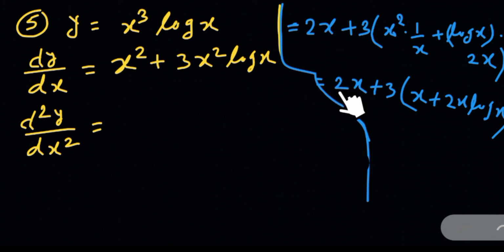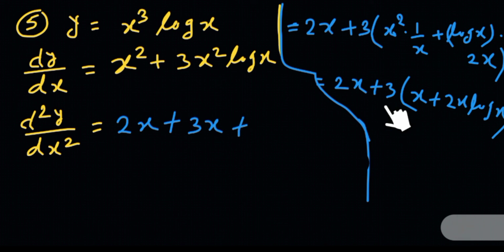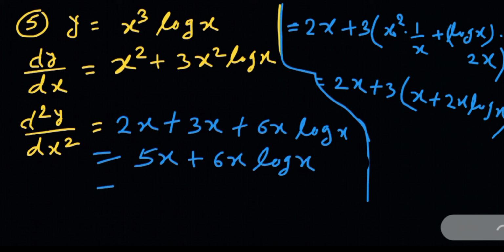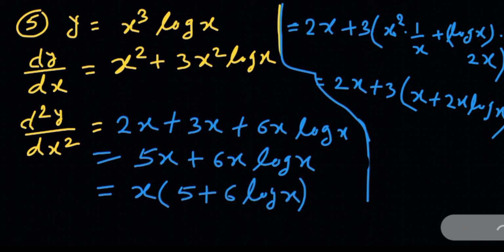So this is 2x plus 3 into x, that is 3x, and plus 3 into 2 into x log x, so 3 into 2, 6x log x. When you simplify, 2x plus 3x is 5x, so 5x plus 6x log x. And here you can take x common, then 5 plus 6 log x, that will be our answer.